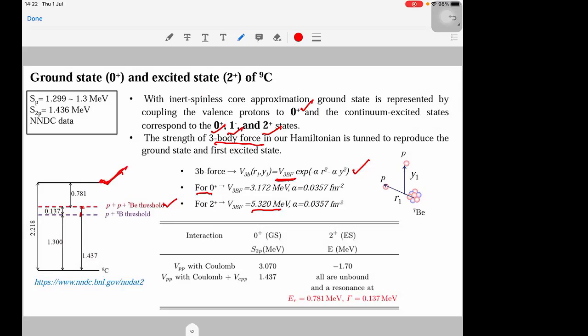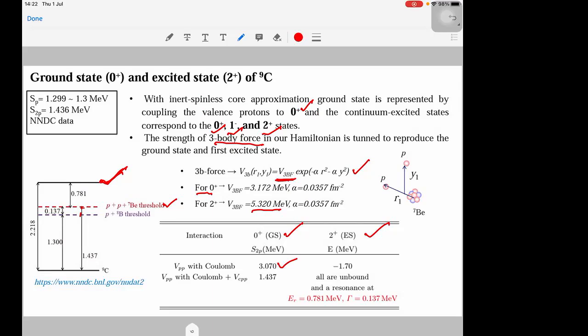Okay, what is in this table? These are the results of the ground state and first excited state with different interactions. When the three-body force is missing, the system is deeply bound.